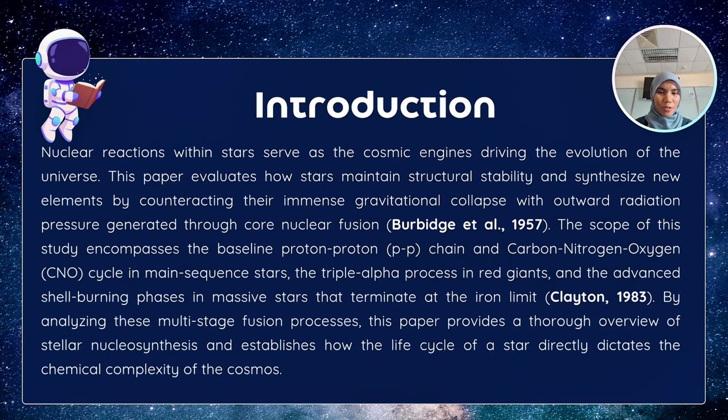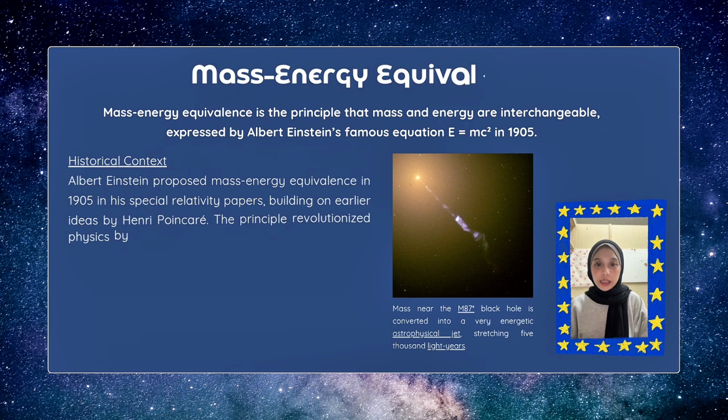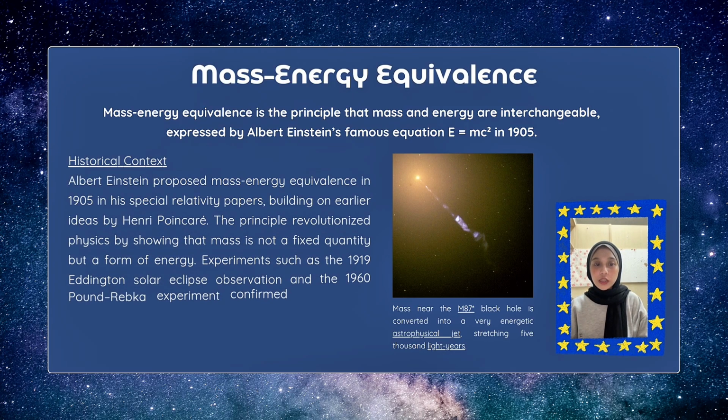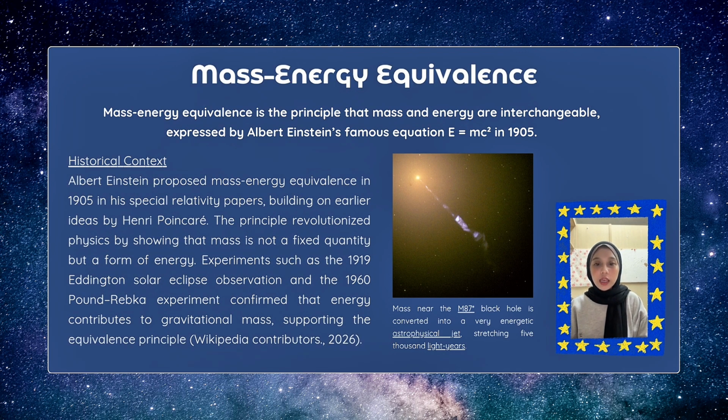our entire universe. Mass-energy equivalence states that the mass of an object is a measure of its energy content and, conversely, energy possesses mass. The relationship is mathematically expressed as E equals mc squared, where E is energy in joules, m is mass in kilograms, and c is the speed of light in a vacuum, 3 times 10 to the power of 8 meters per second.